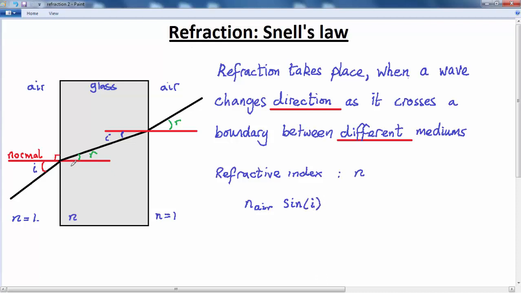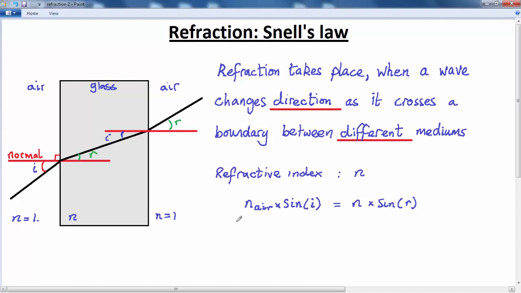Is equal to the next medium, which is the refractive index of glass, which we'll just call n, multiplied by the sine of the angle of refraction. And there we have the law of refraction.